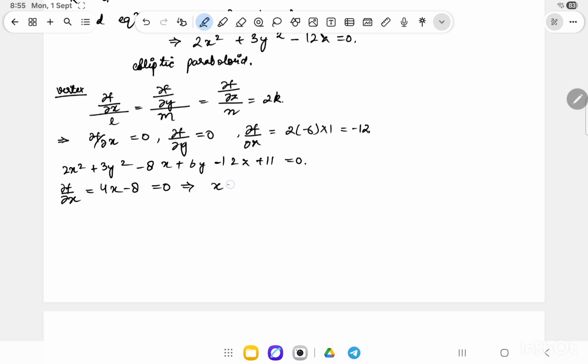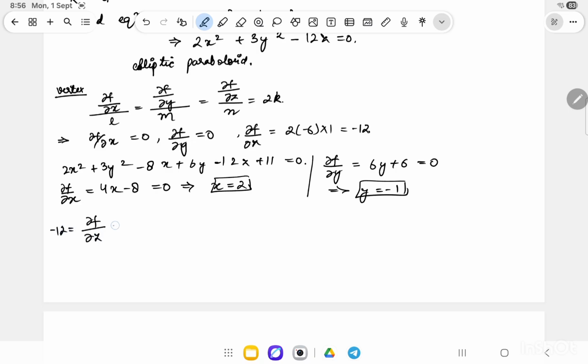So from here I get x as 2. Likewise, del f by del y is 6y plus 6 equals 0, so I get y as minus 1. And del f by del z equals minus 12, that is minus 12 into 1.